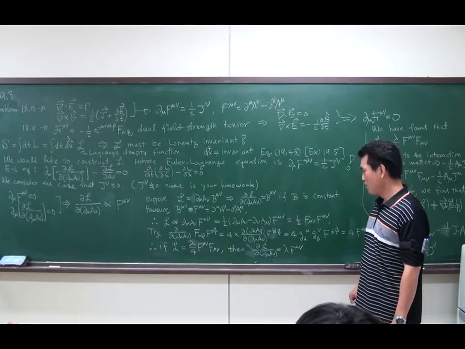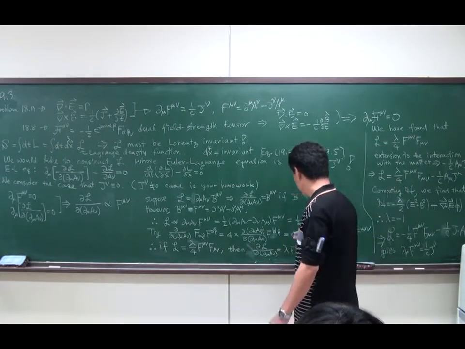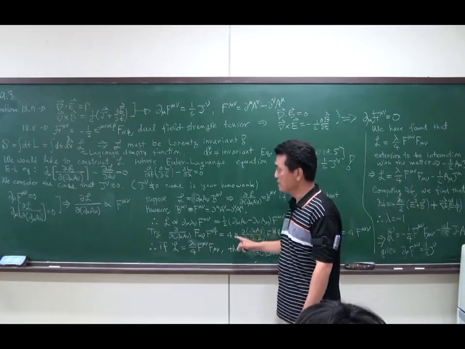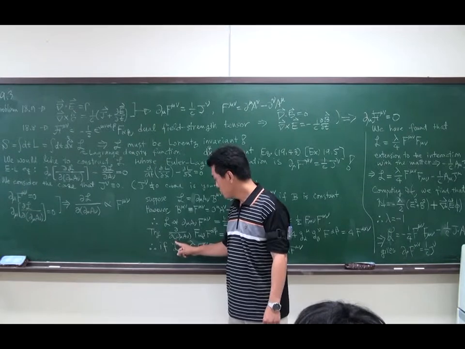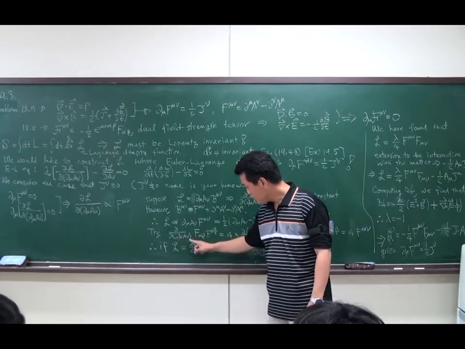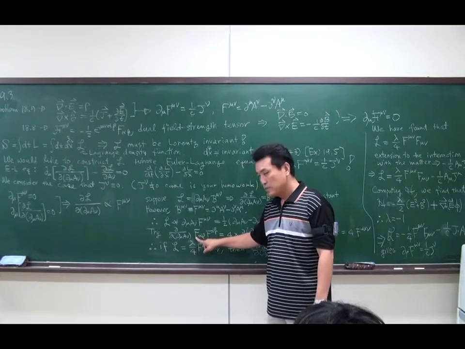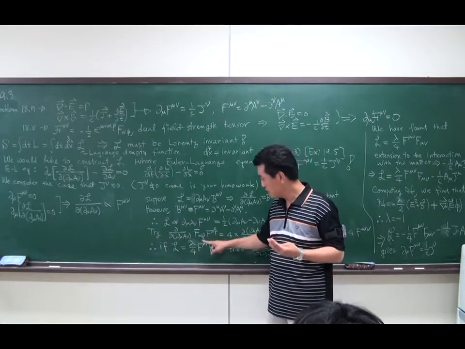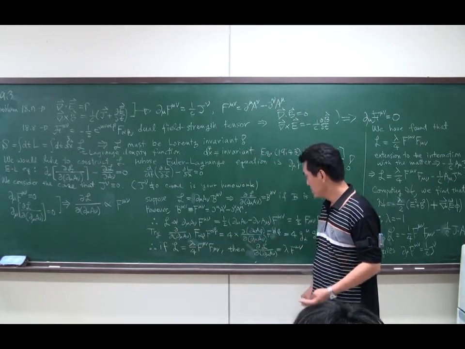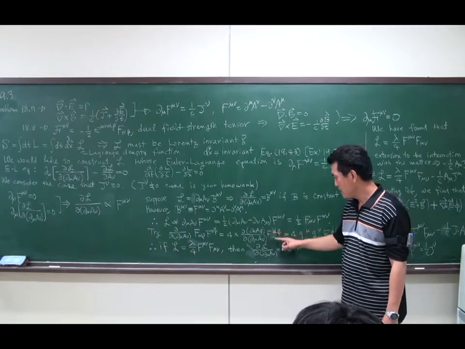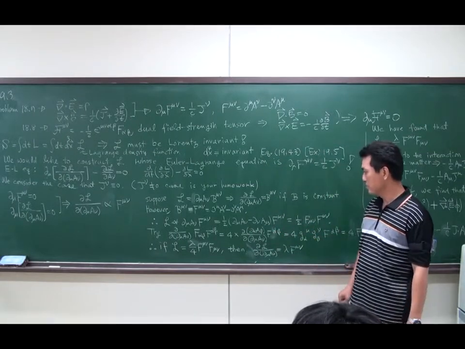Alright, so why don't we make use of this F^μν to find the conjugate momentum? Then this term appears here twice. So there are 4 ways to obtain this kind of term. So I have a factor of 4, and for each alpha and beta, I have this kind of derivative.